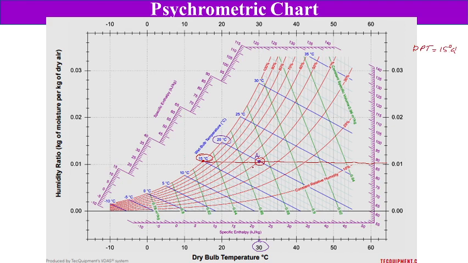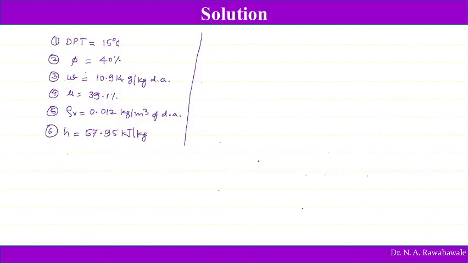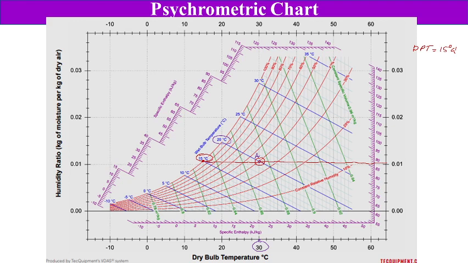Then the second thing which is asked is relative humidity. The curves passing through here are 30%, 40% and 50%. This is the line of 30%, this is the line of 40%, and this is the curve of 50%.